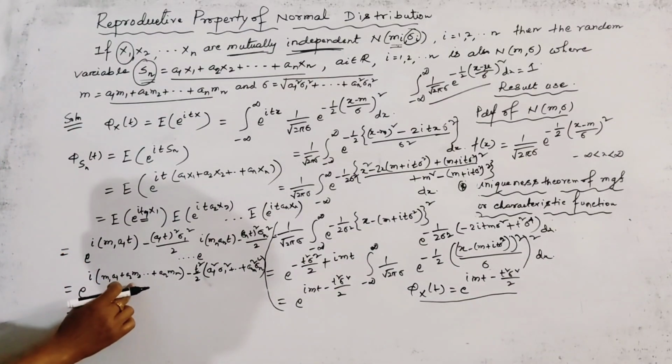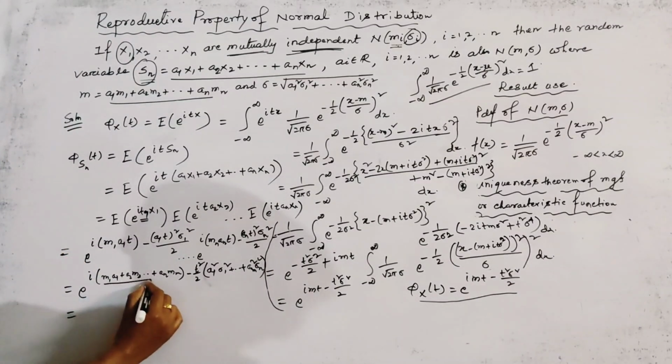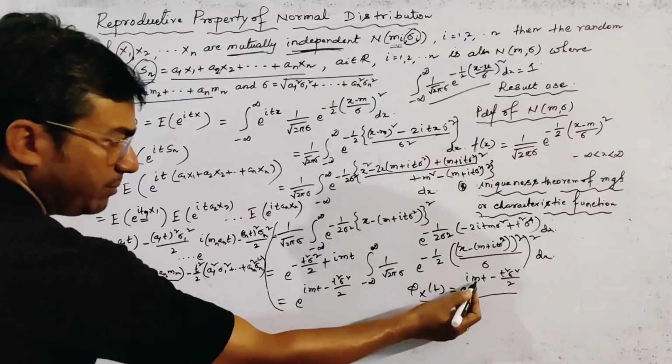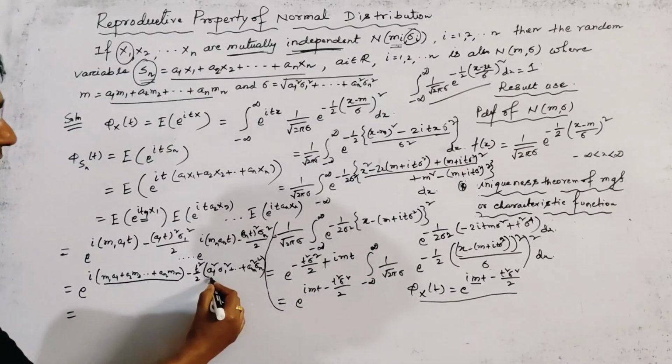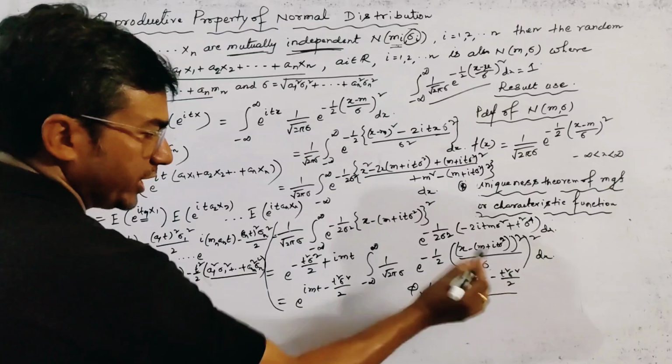The changes are in the first term, which is in terms of m, and in the term of sigma square.